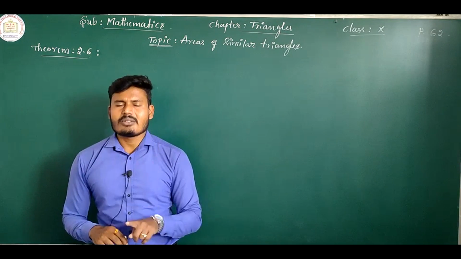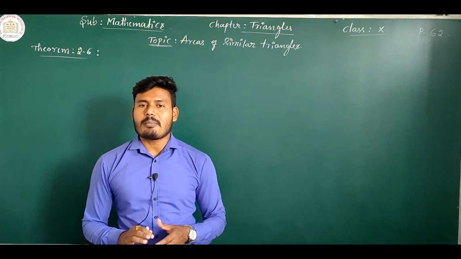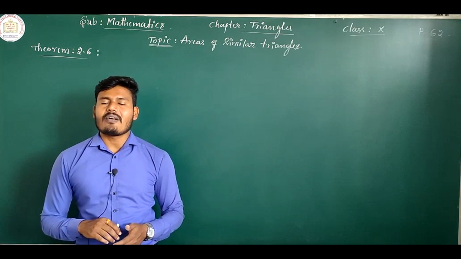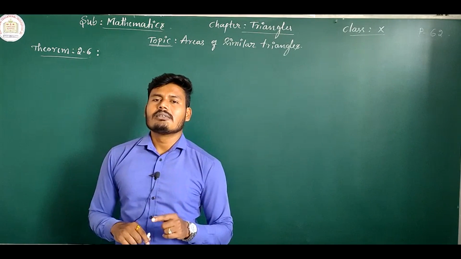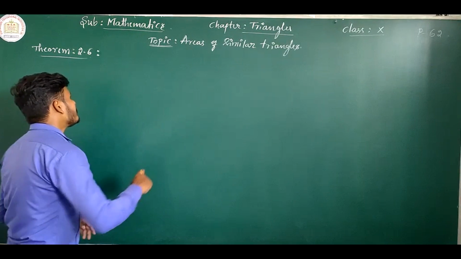First of all, you should observe and understand the given statement properly. Then only can you easily understand the exact proof of this theorem, right? So now I would like to tell you the statement of this theorem. You just observe the statement.